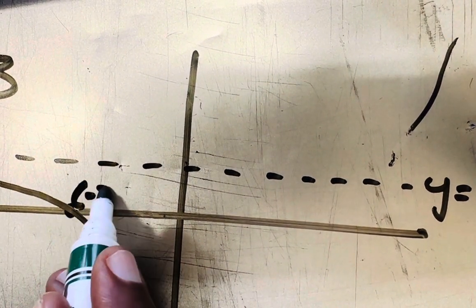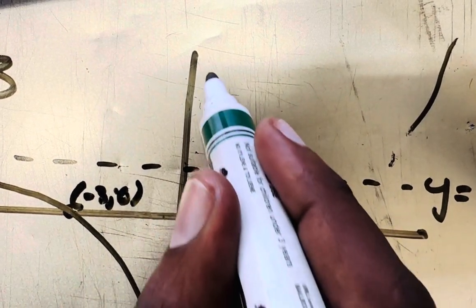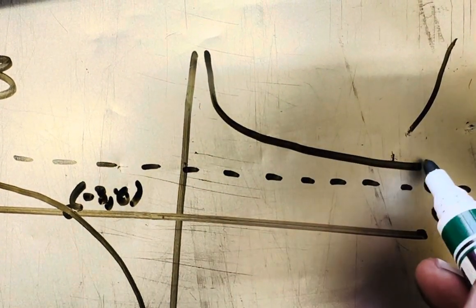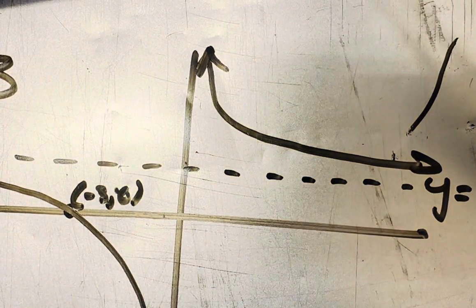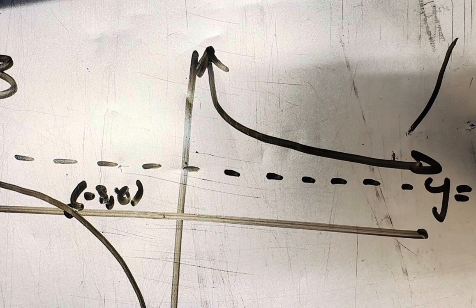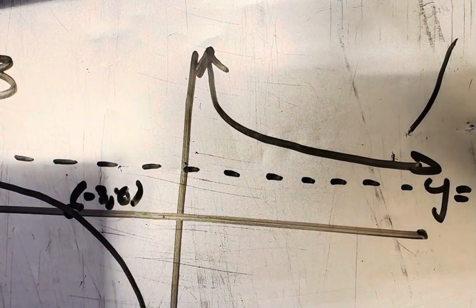The coordinate there is negative 3 and 0. We don't have a y-intercept because the y-axis is our vertical asymptote in this case. So our graph will just be like that.